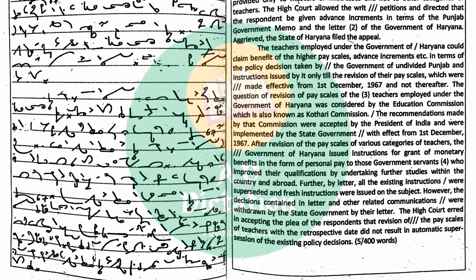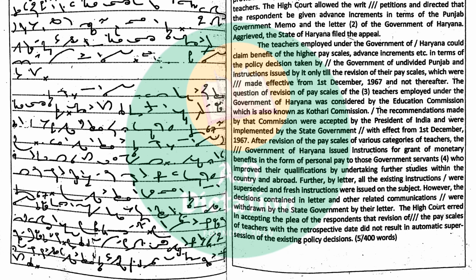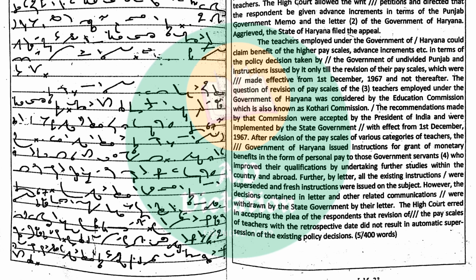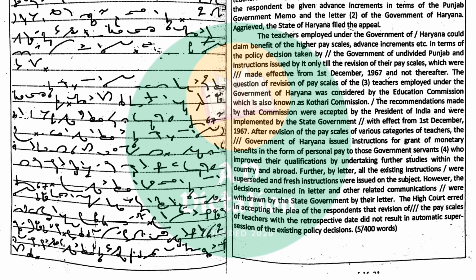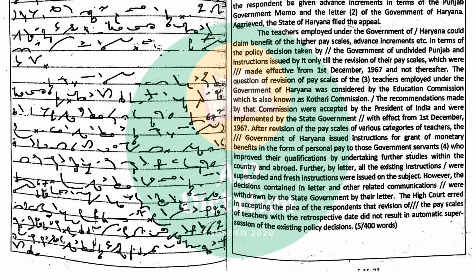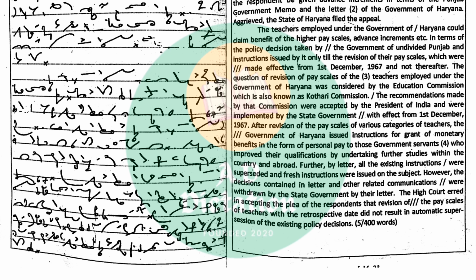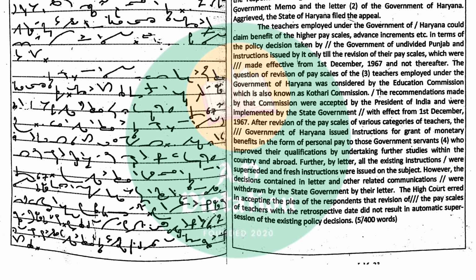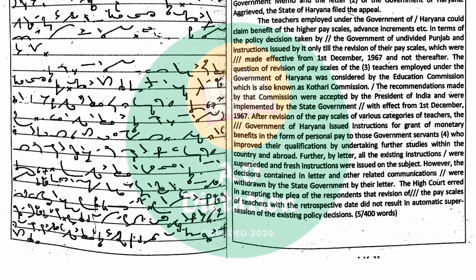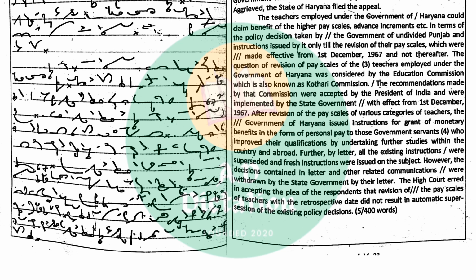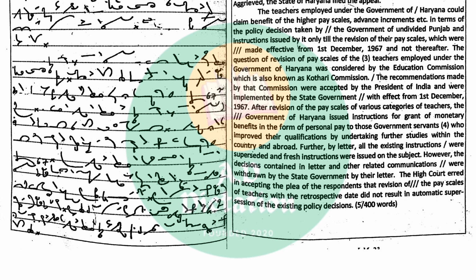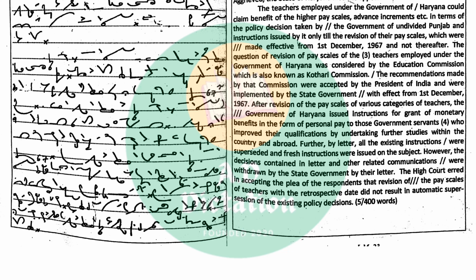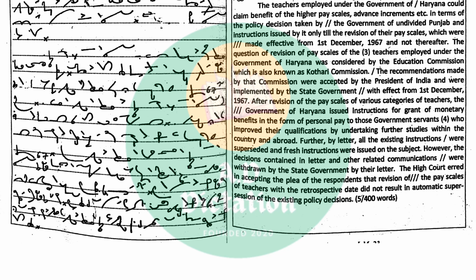After revision of the pay scales of various categories of teachers, the government of Haryana issued instructions for the grant of monetary benefits in the form of personal pay to those government servants who improved their qualifications by undertaking further studies within the country and abroad. Later, all the existing instructions were superseded and fresh instructions were issued on the subject.